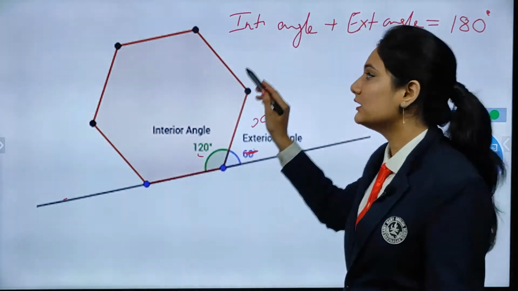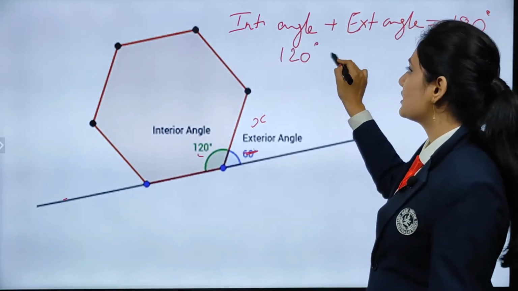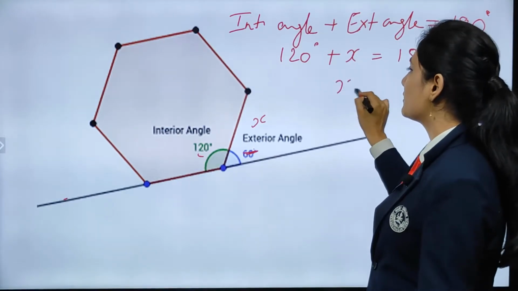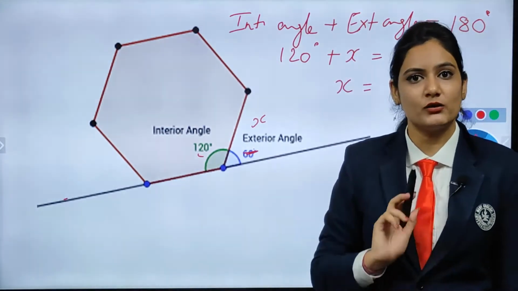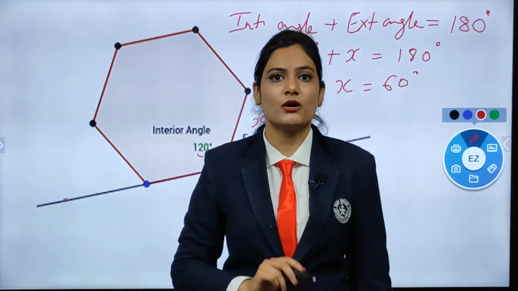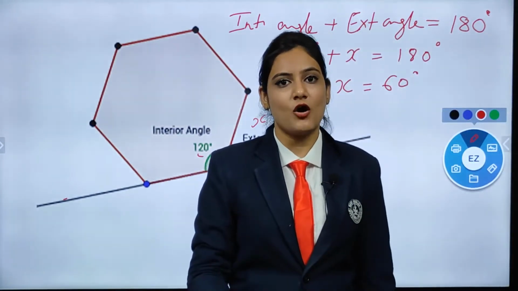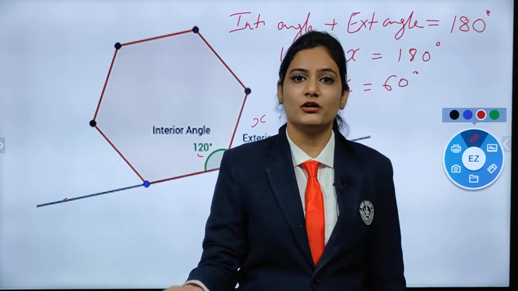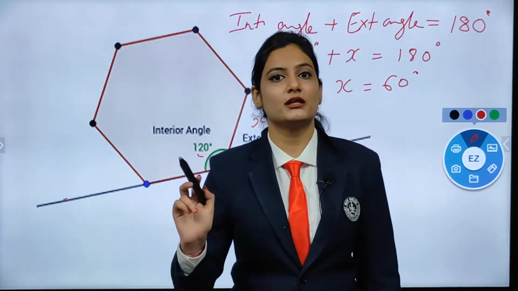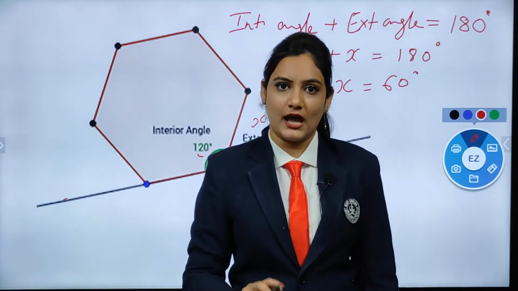Interior angle is 120 degree, exterior angle is not given, so x equals 180 minus 120, that is equal to 60 degree. So by this formula, if exterior angle is given, you can get the answer for interior angle. If interior angle is given, you can get the answer for exterior angle.